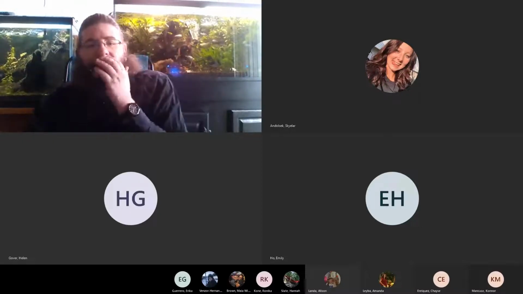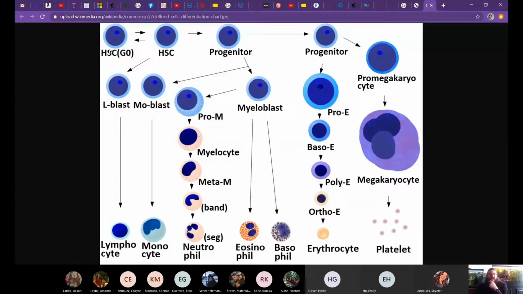There we go. So this HSC right here is called a hemopoietic stem cell. Yeah, complicated name, I know. And so it can produce this daughter cell. And this daughter cell can produce an L blast, which can become a lymphocyte, a white blood cell, or this progenitor cell here.